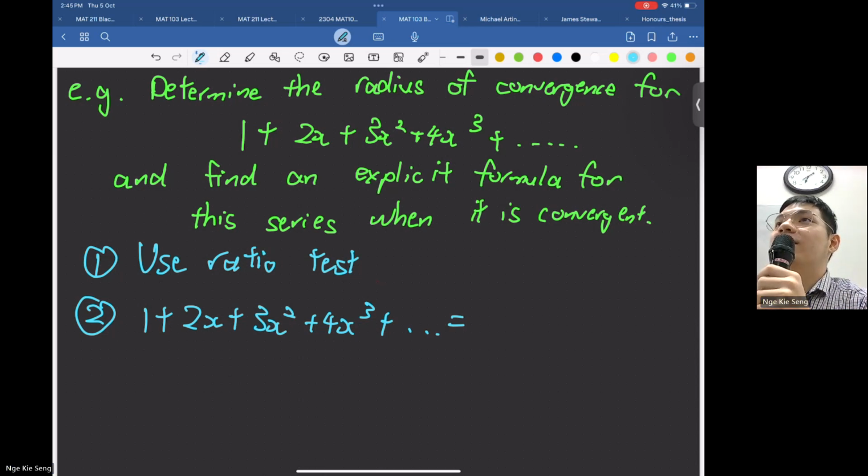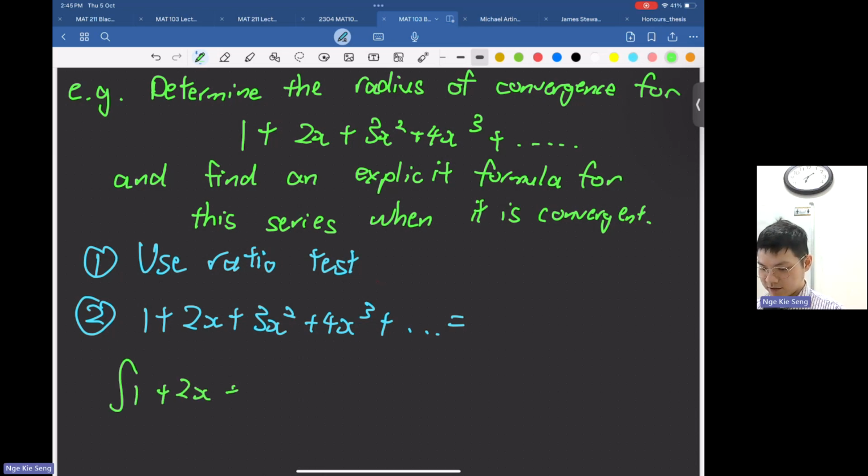No, not here. Integration. Integrate what? Everything? You want to integrate everything? Okay, let's try. I'm not sure, I haven't tried it before, so let's try.